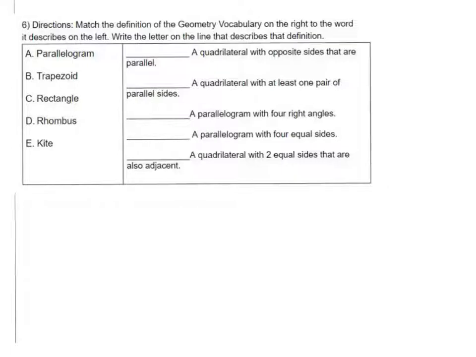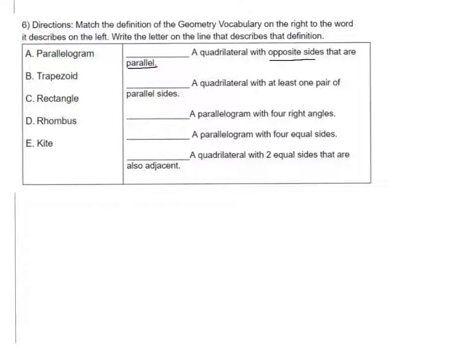All right, boys and girls, let's see if you can do the last problem on your own. The directions say to match the definition of the geometry vocabulary on the right to the word that describes it on the left. Write the letter on the line that describes that definition. So I'll get you started with the first one. It says a quadrilateral with opposite sides that are parallel.